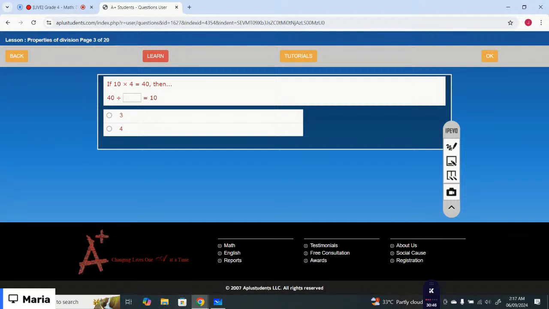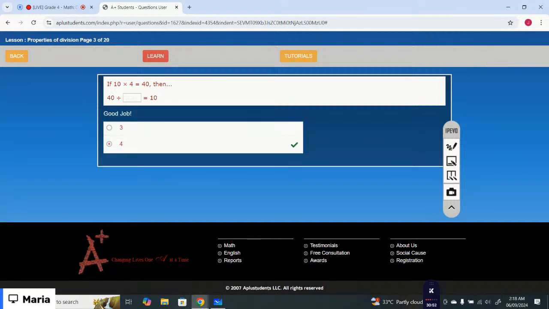The missing number is 4, right? 40 divided by 4 is 10. So the correct option is, the missing number is 4.